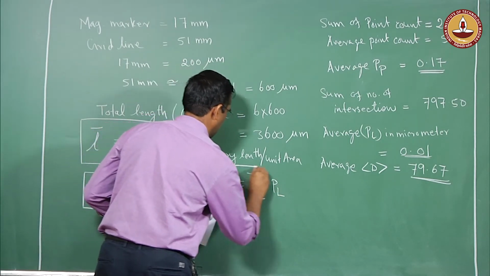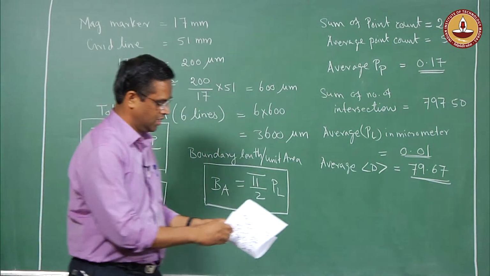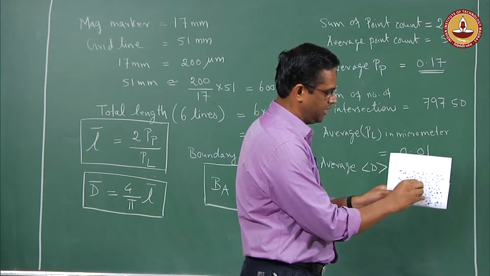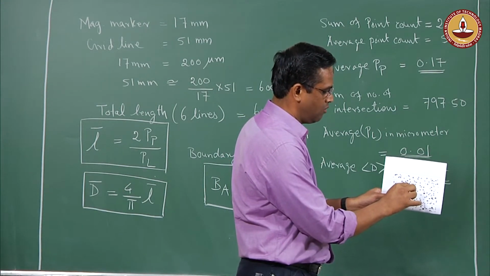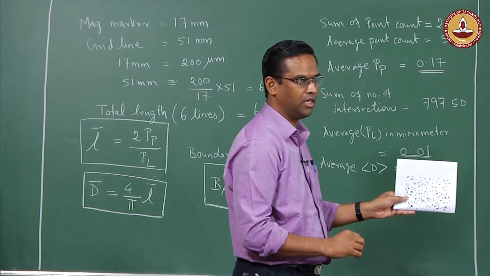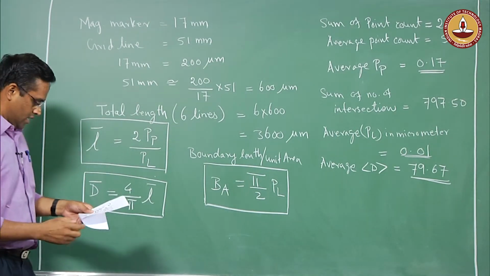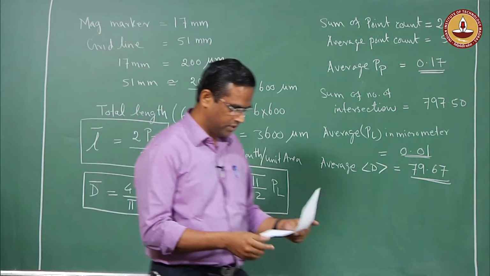This is also possible. So, that means the boundary length per given unit area is also possible to get from this relation. So, we can check with all those.